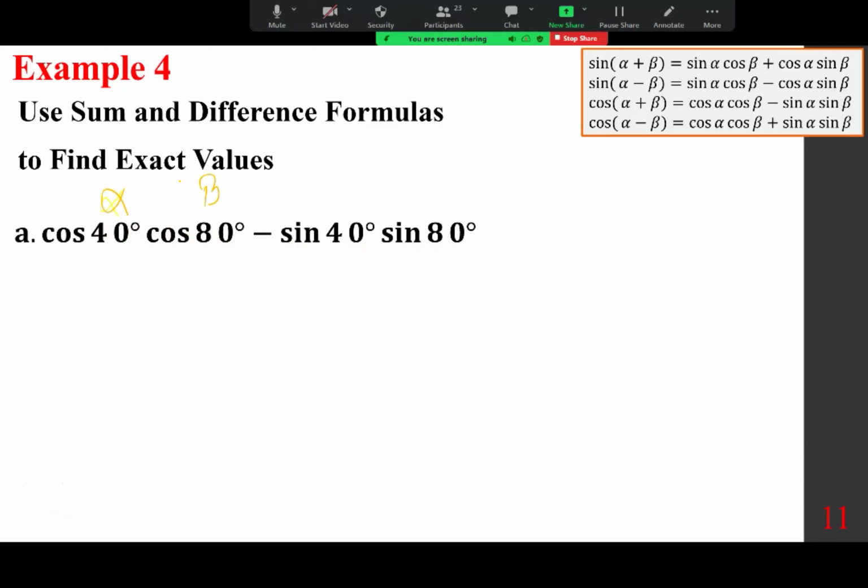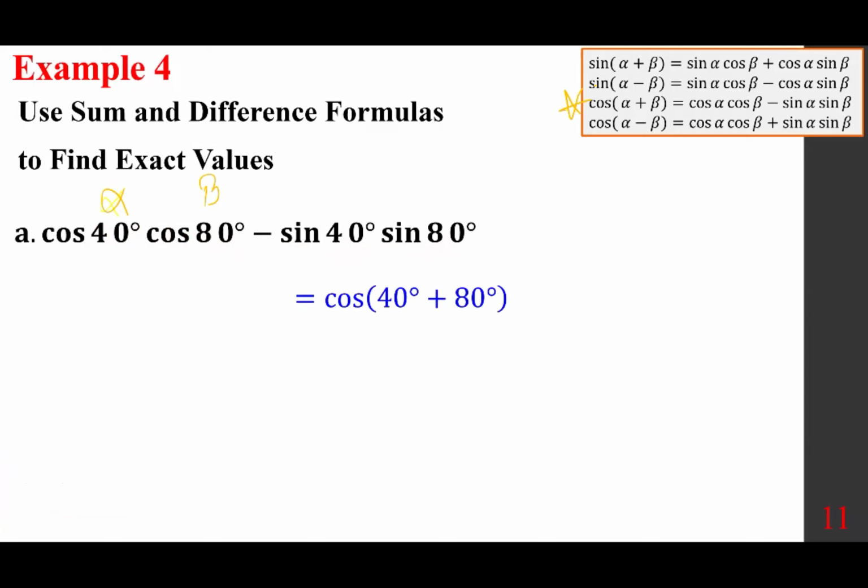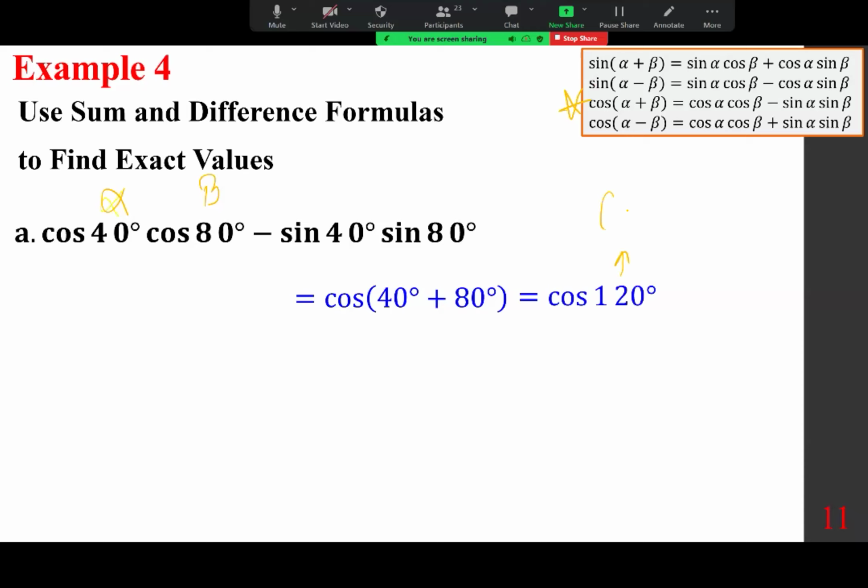So what are we looking at? Cosine of alpha plus beta, cosine of 40 plus 80, which is cosine of 120 degrees. And remember, reference arc is 60 degrees.